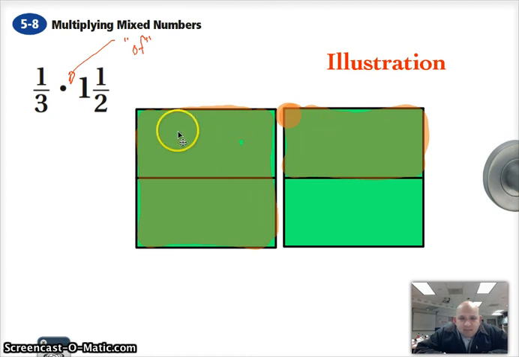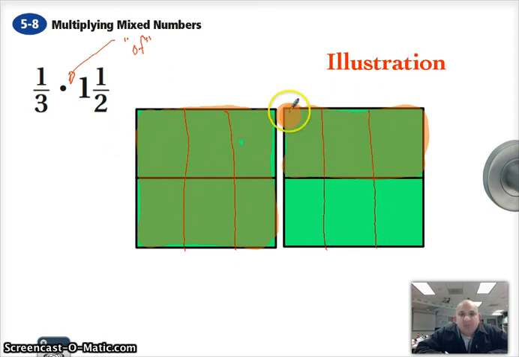Half, half, half, 1 1/2. Now it says we're going to take 1/3 of that, so we're going to divide these figures into thirds, and we're going to do that vertically. Okay, so roughly here and here, that's divided into thirds.